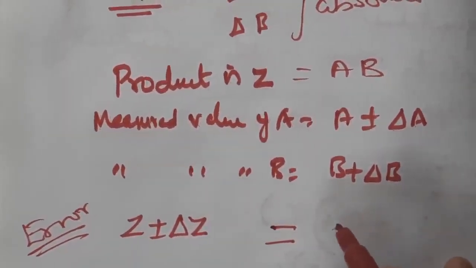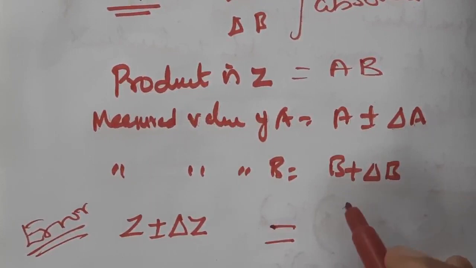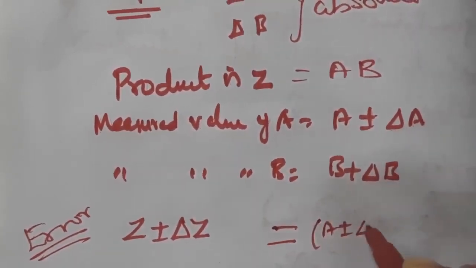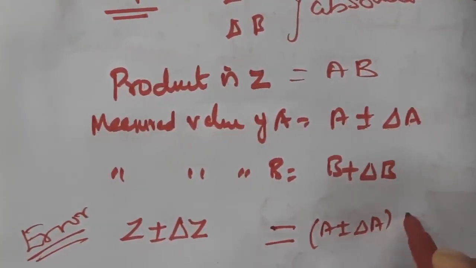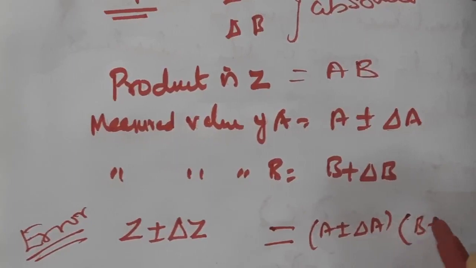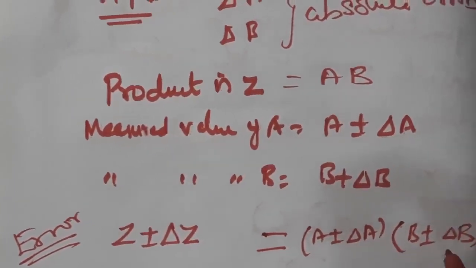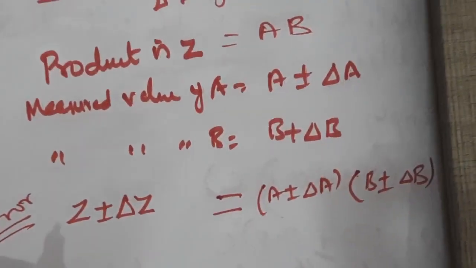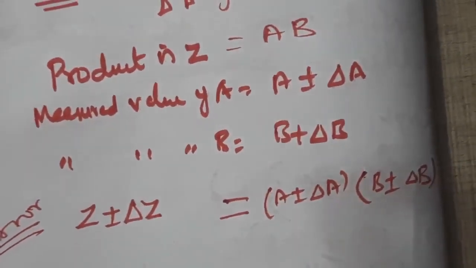Product of two measured values. So A plus or minus delta A into B plus or minus delta B. Am I right?